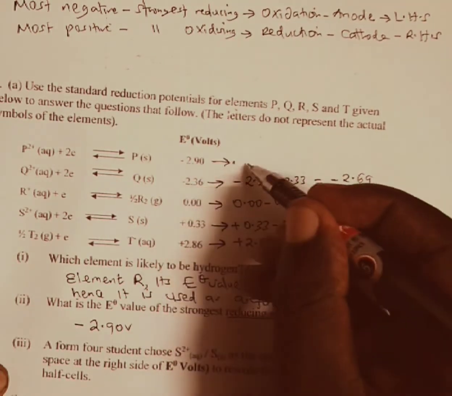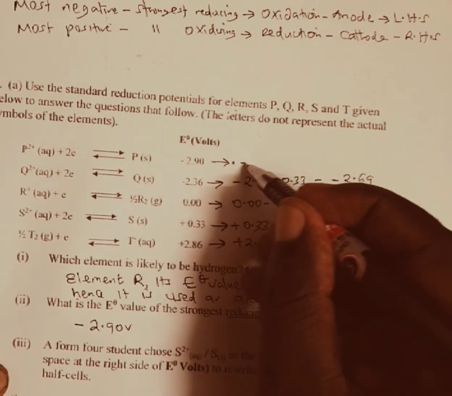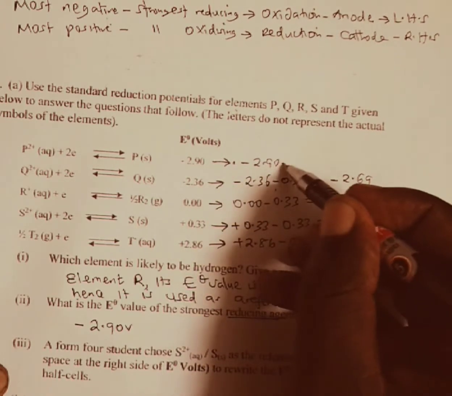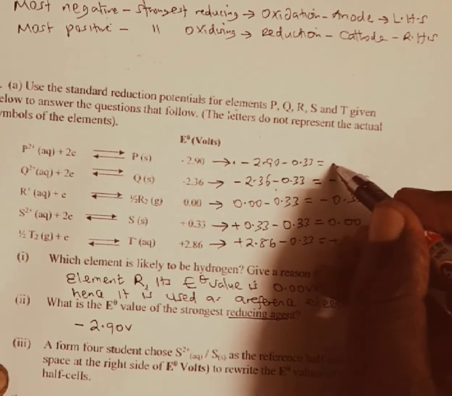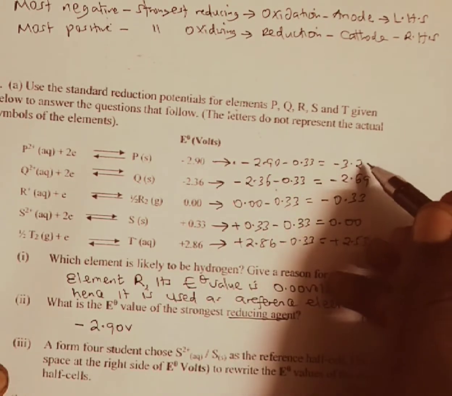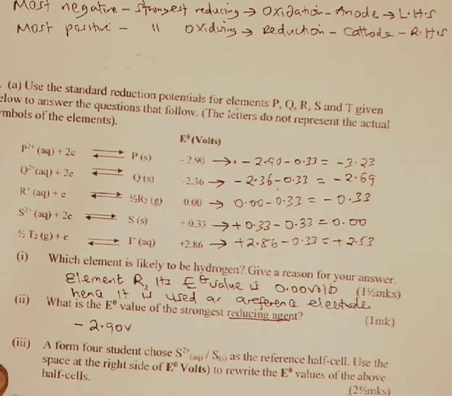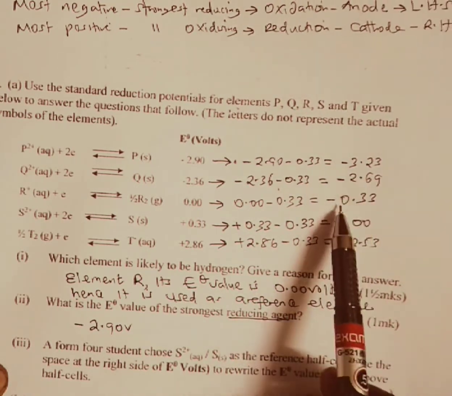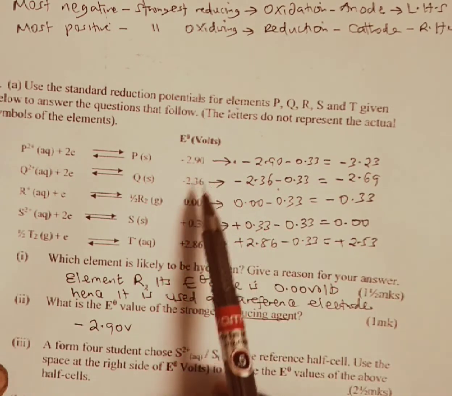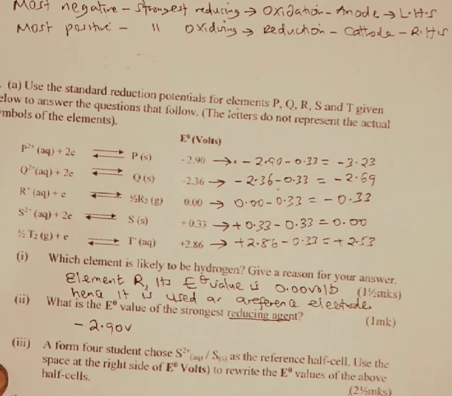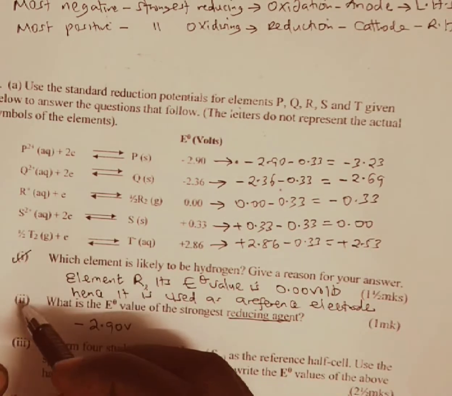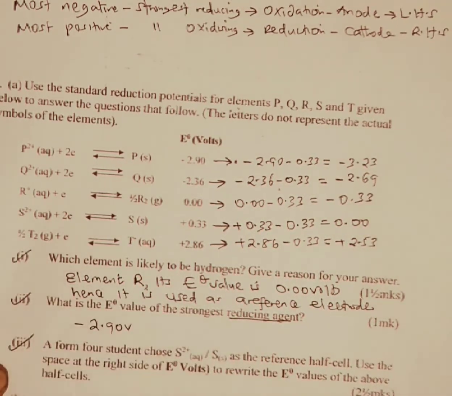And lastly, we take P that has negative 2.90. We reduce it by 0.33 for us to get negative 3.23 volts. These are the E theta values of the following half cells if we decide to use S as our reference half cell. Roman 1 has been done, 2 has been done, 3 has been done.